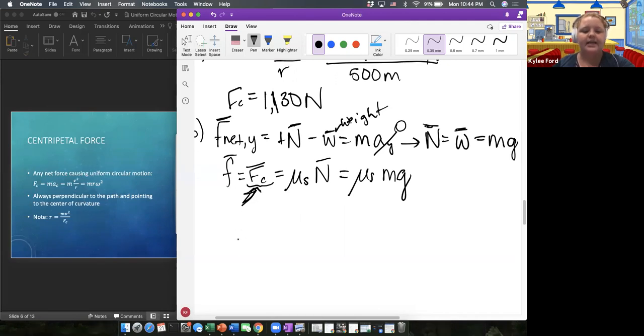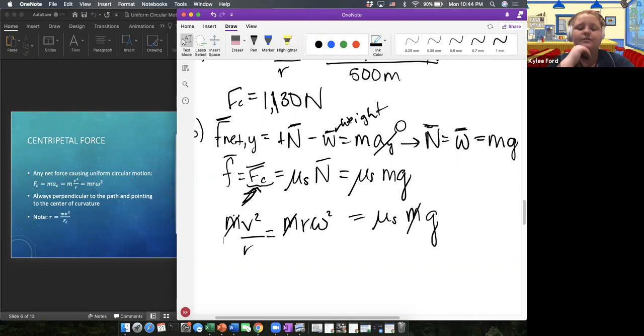So I can start plugging stuff in here. I can say that equals either mv squared over r, or I can say that it's m r omega squared, and that will be equal to my frictional constant here times m times g. No matter which equation I use, my masses cross out, and I have my velocity and I have my radius.